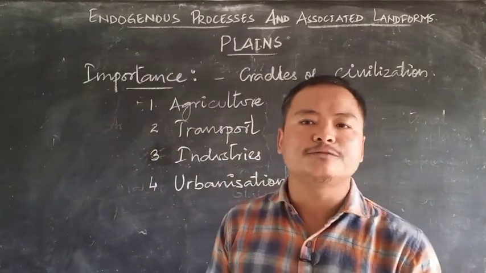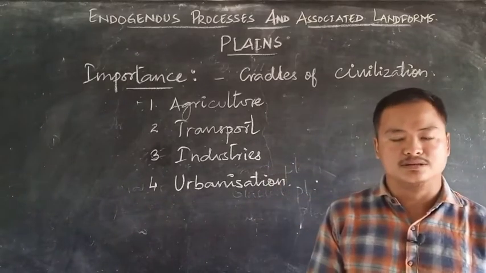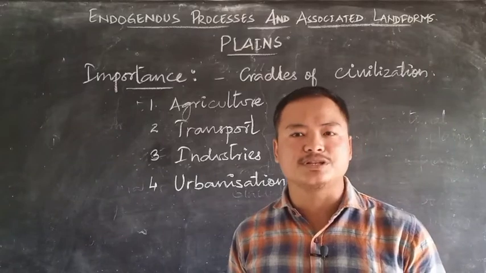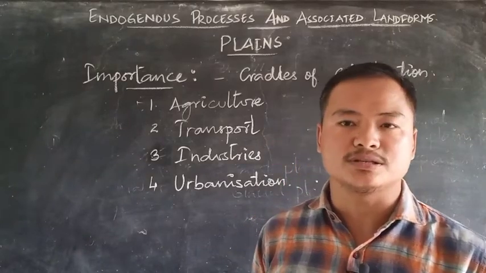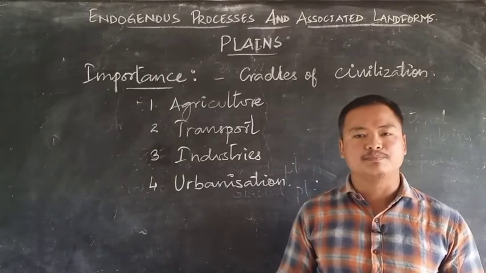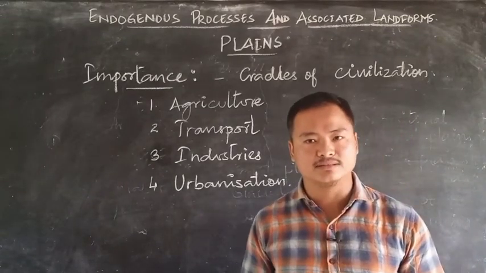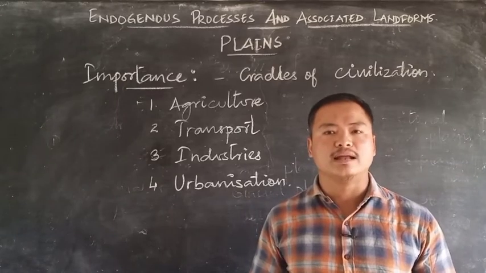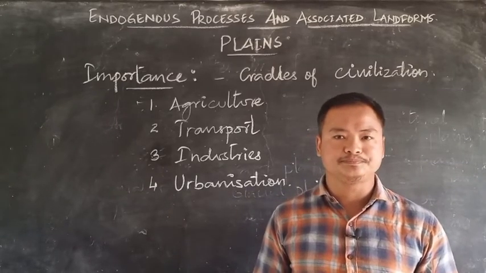Now the last one to be discussed is urbanization. Where we see that agriculture is so beneficial in plains, the transportation system is very well connected, and industries are well set up and constructed in the plains, urbanization automatically originates.